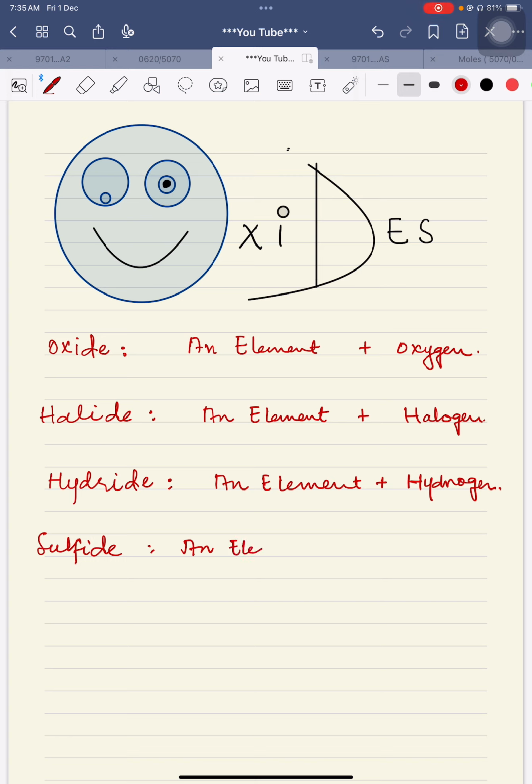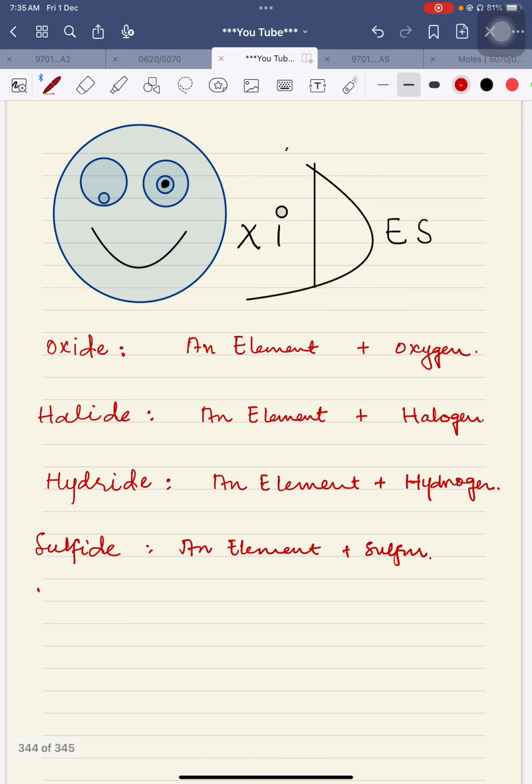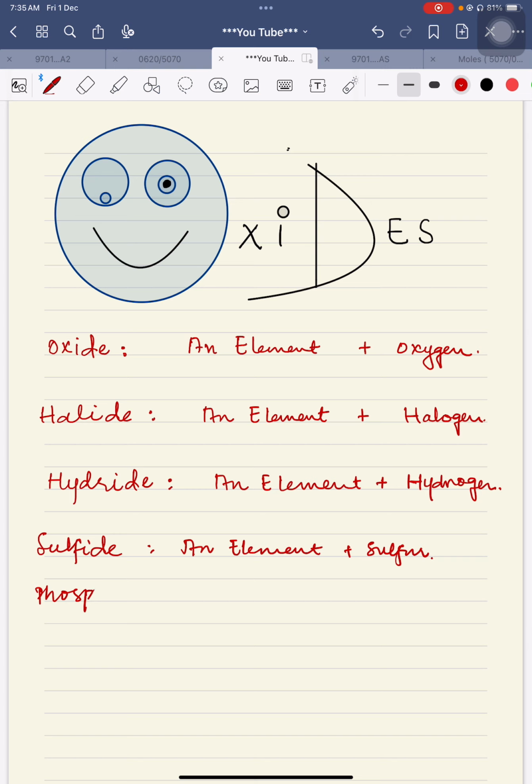An element that is attached with sulfur. And then there is another term, that is phosphide. So an element when it attaches with phosphorus is called a phosphide.